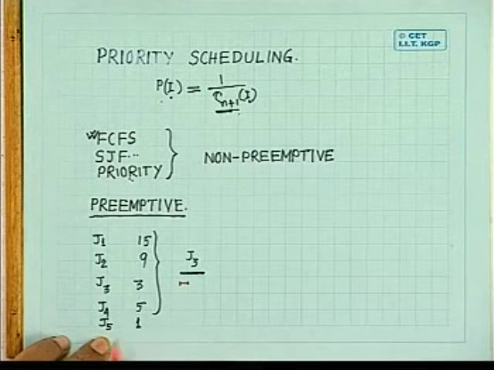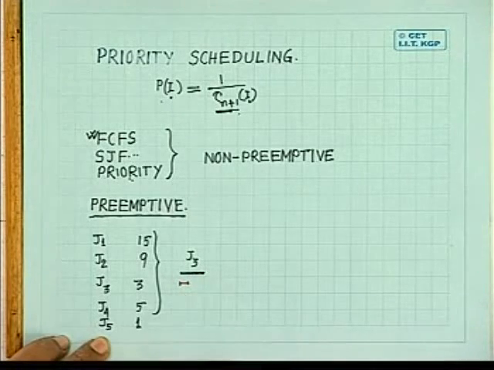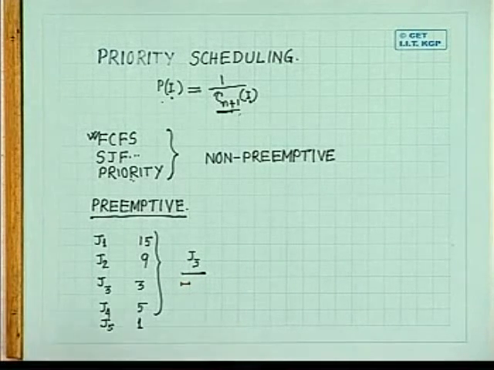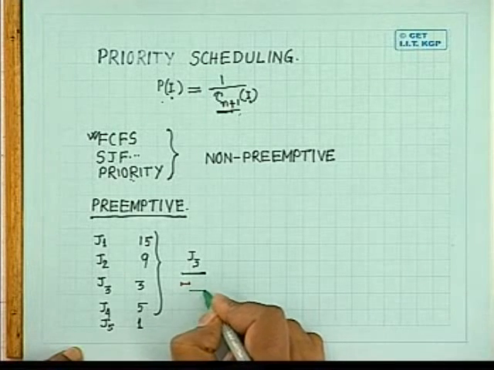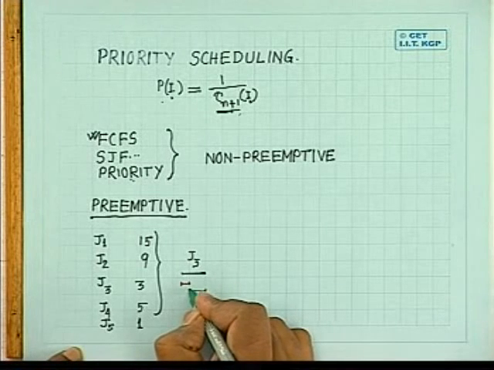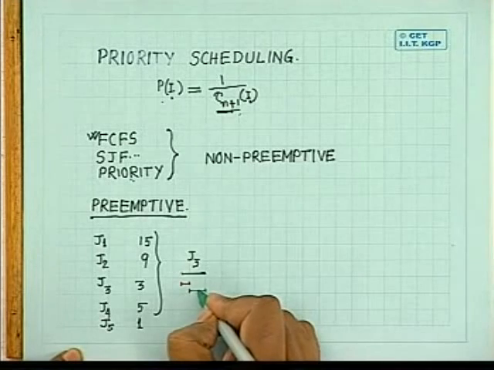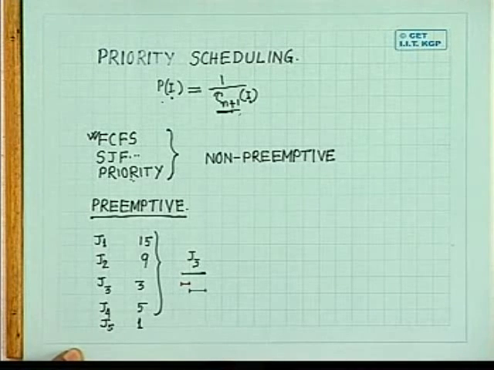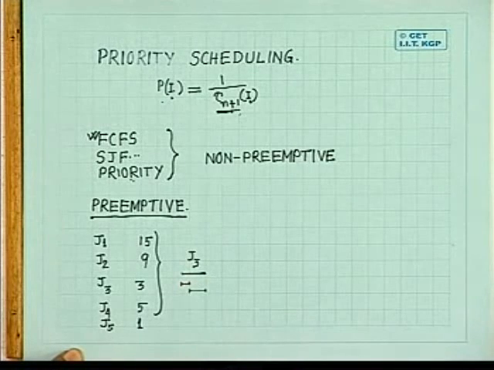So what I have to do is terminate this job J3 here and start execution of job J5, which will be executed for 1 time unit, because its requirement is 1 time unit. The remaining time of job J3 is 2 time units.